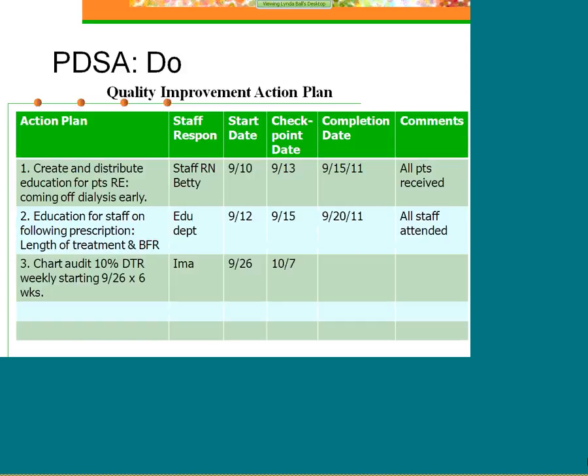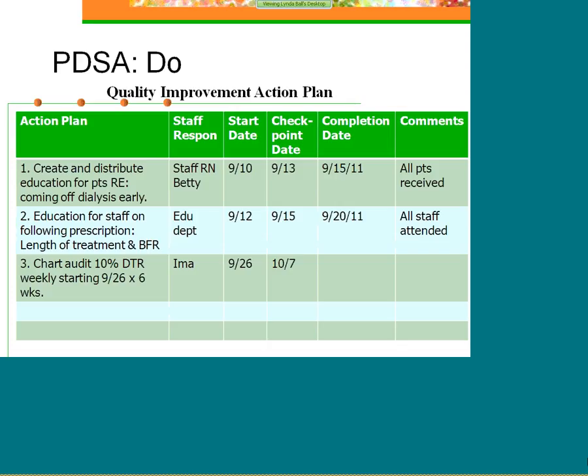So when they developed their action plan, this is what they decided that they would do. Number 1, they'd create and distribute education for patients regarding coming off dialysis early. Now, if it's a patient issue, yes, you need to do that. And you should be able to see, because in your charting, when you're doing chart reviews, it should say that the patient requested to come off early.